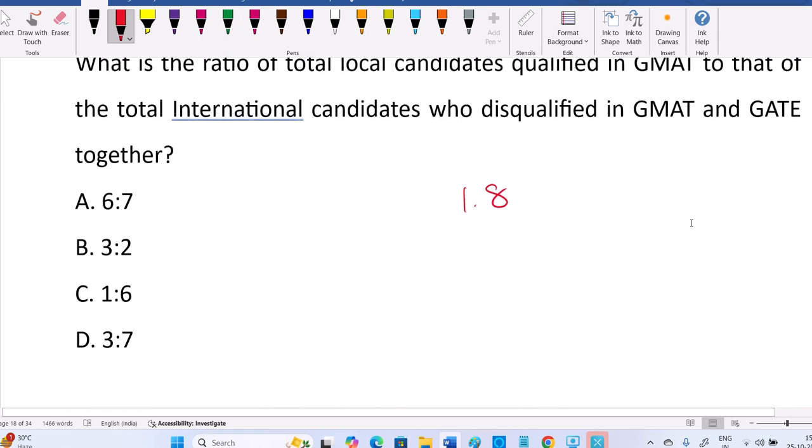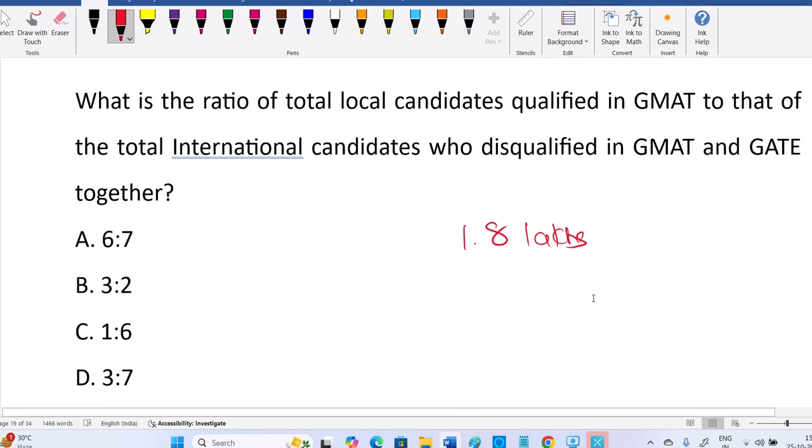So put 1.8 lakhs. First term, local students qualified. But for the next one, not only GMAT, you need to take GMAT and GATE disqualified international students.